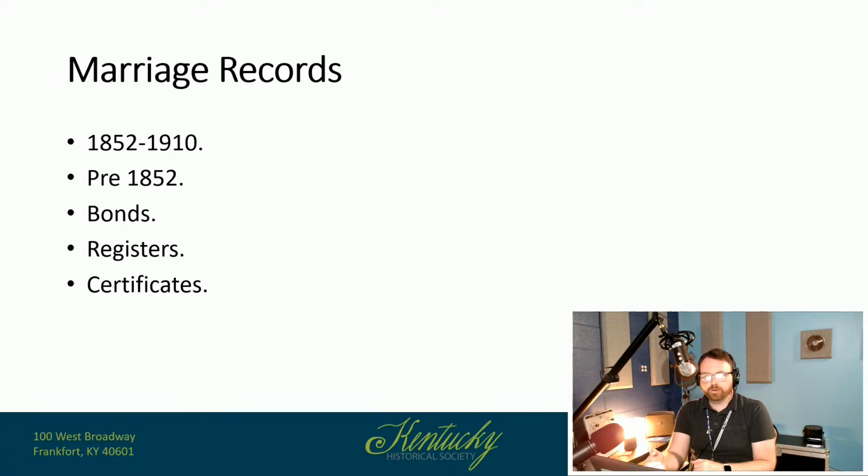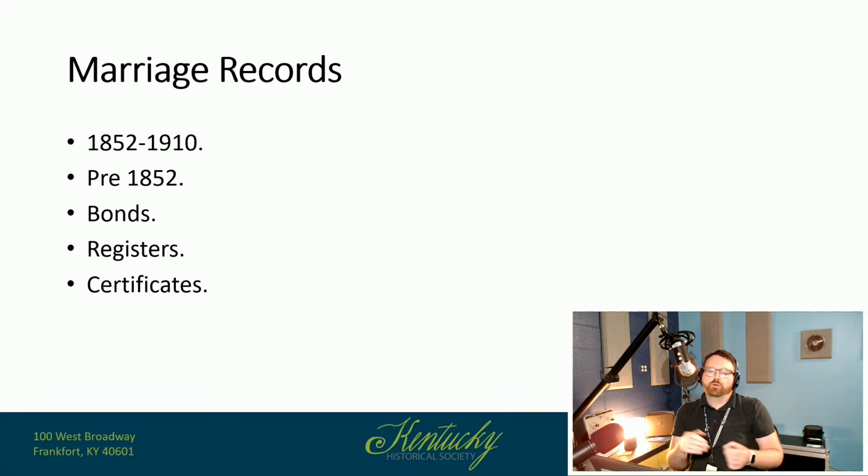And then there are marriage records, which once again fall into the vital statistics spiel. So typically it would be 1852 to 1910. However, marriage records are a little easier to work with, because there will be marriage records and bonds and certificates and registers that were recorded before 1852.